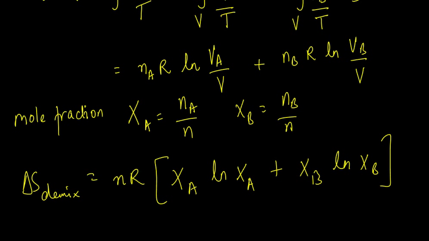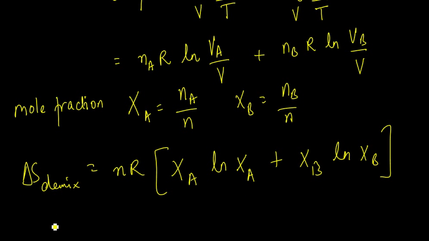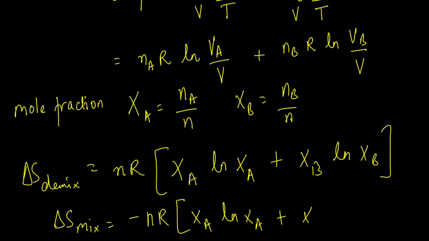right? And by definition, delta S of mix would be the negative of this, so delta S mix would be equal to minus NR XA log XA plus XB log XB.